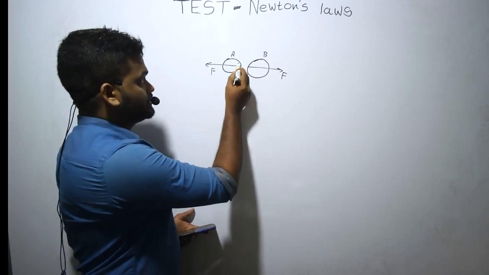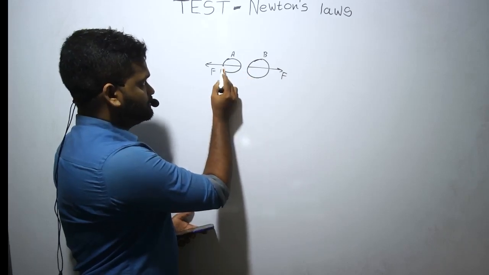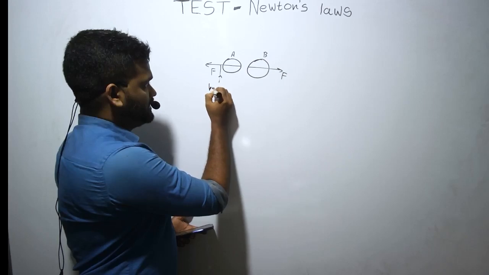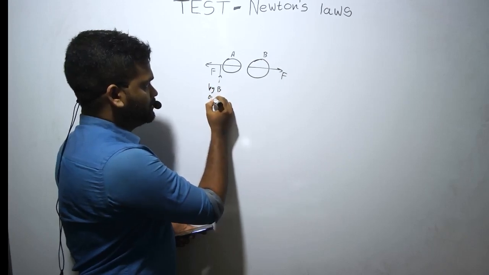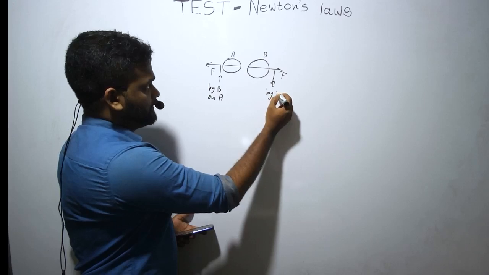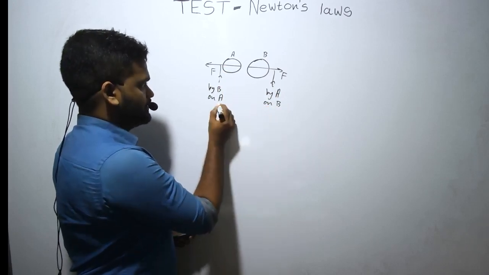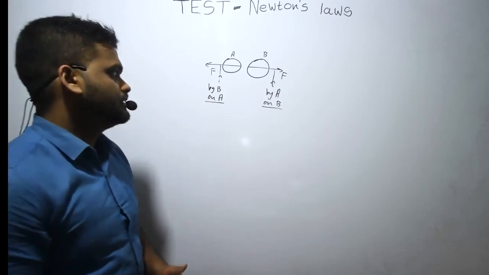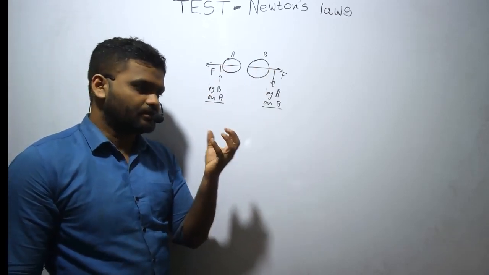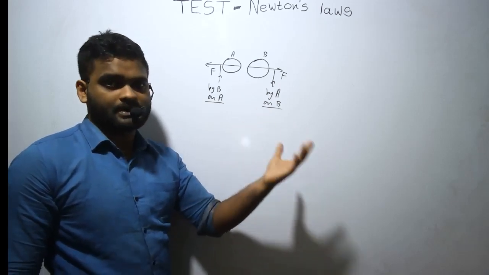This force is by B on A, and this force is created by A on B. So these are on B and this is on A. They are not acting on the same object. They always act on two different objects.